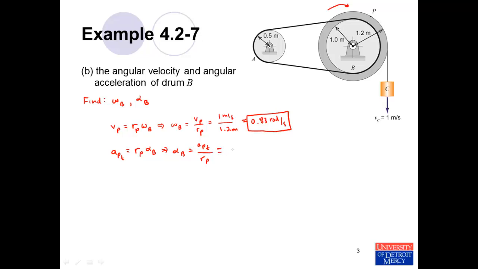The tangential component of the acceleration was approximately 1.67 meters per second squared. Same radius. 1.67 divided by 1.2 is approximately 1.39. The meters again cancel, leaving us with something over seconds squared, and it's implied that it's radians per second squared.